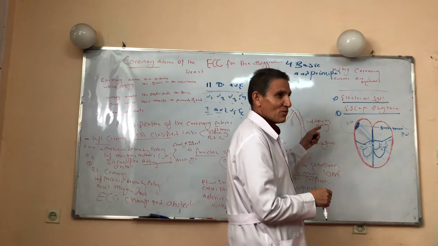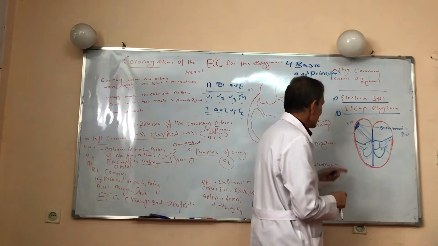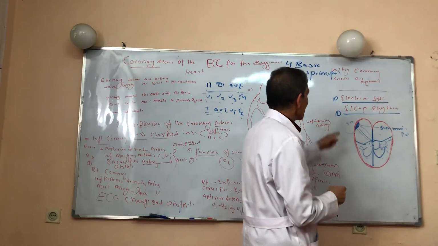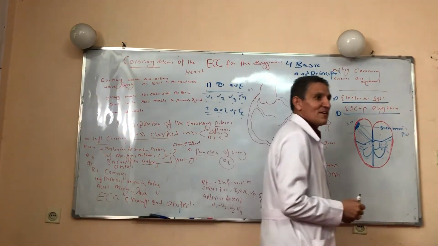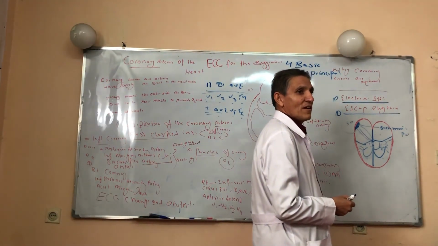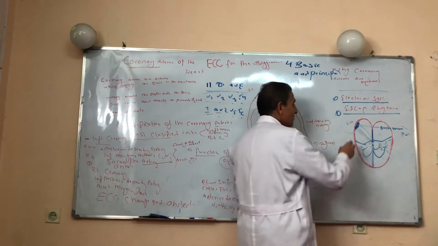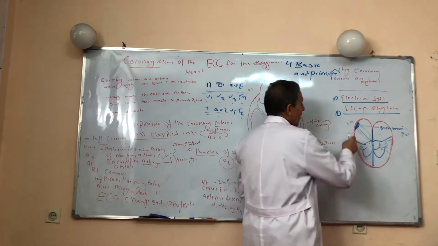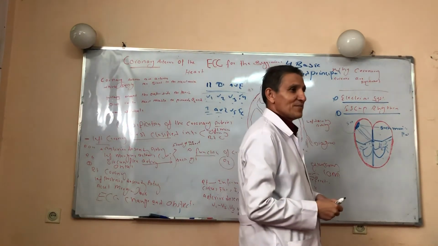We have discussed synchronization. Now, what is the escape rhythm? The escape rhythms are those rhythms that begin from other parts of the heart when the SA node is damaged, or infarcted, or doesn't work properly.